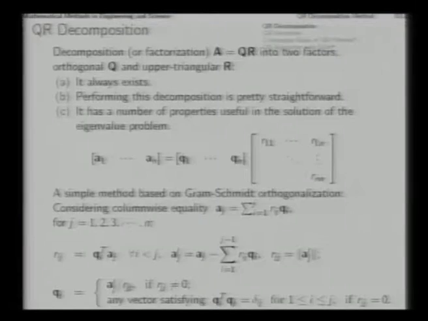The trouble will arise if you find that r33, or rkk at the kth point, turns out to be 0, then what? Then you cannot divide this. Still, rkk equal to 0 is a valid output, which you will place in the diagonal entry where it is supposed to come.